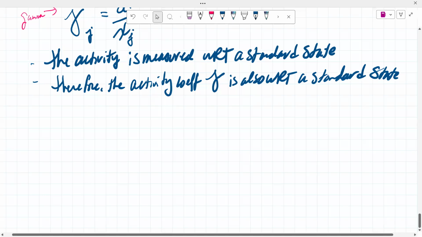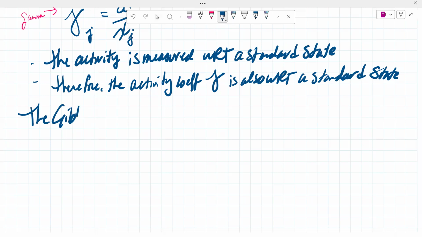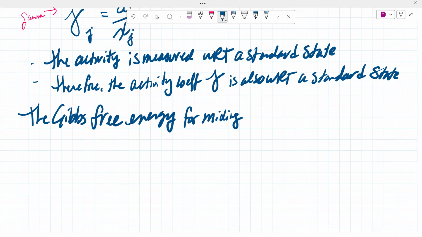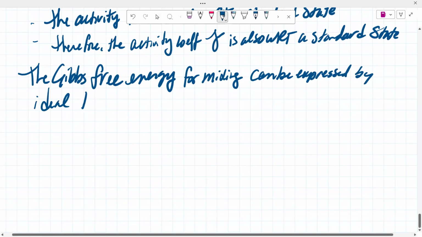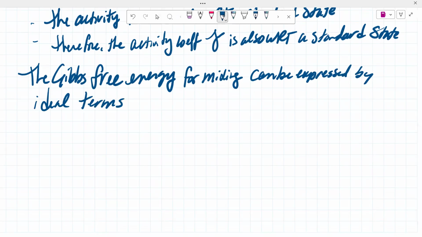So the Gibbs free energy for mixing can be expressed by ideal terms and correction terms for the non-ideality.